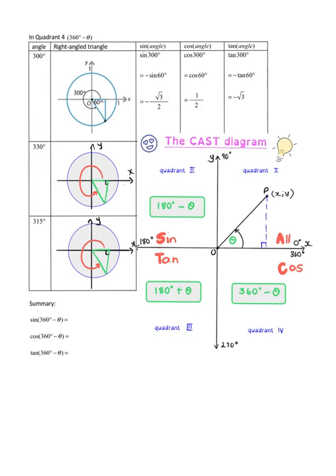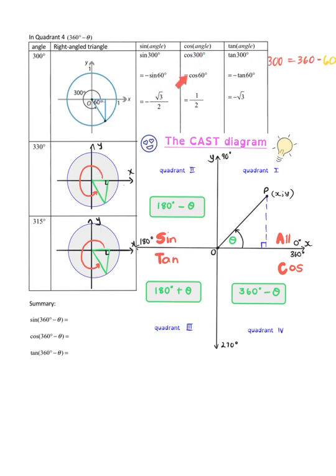So it's saying rewrite 300 as 360 minus something. So if you rewrite 300 as 360 minus, well, obviously 60, that would be equivalent. So that's how we got to negative sine 60.